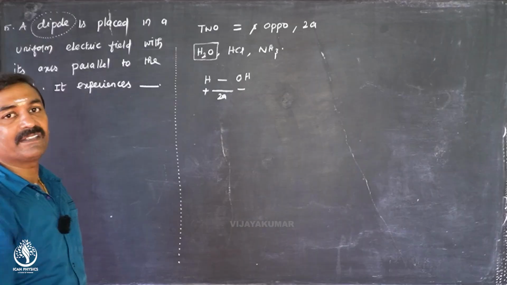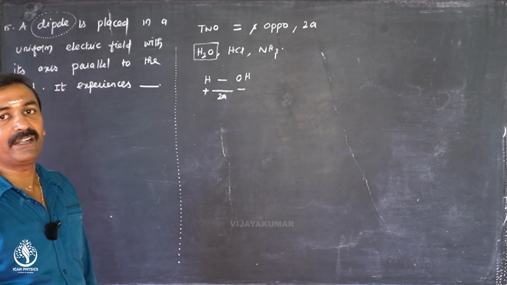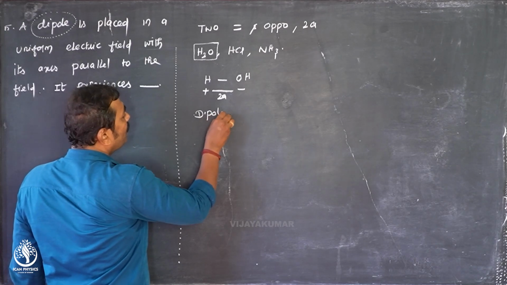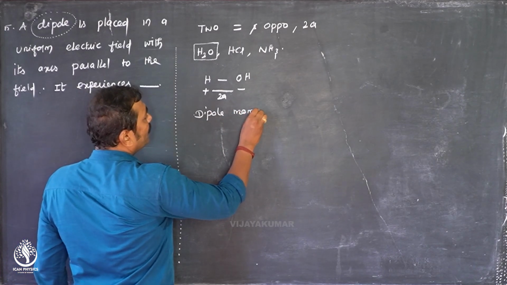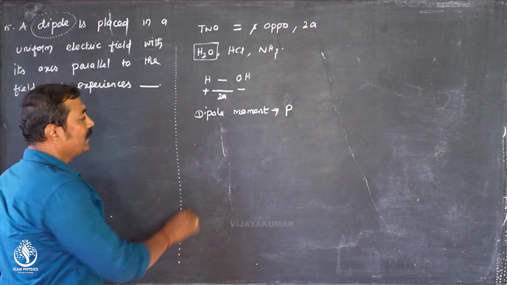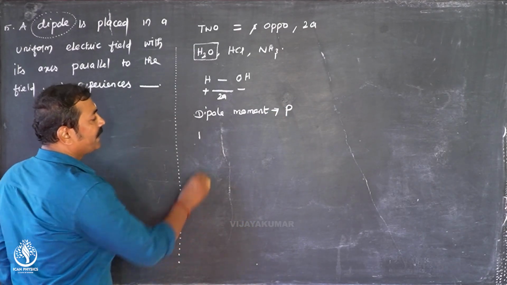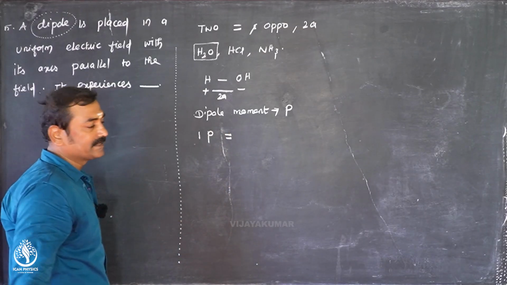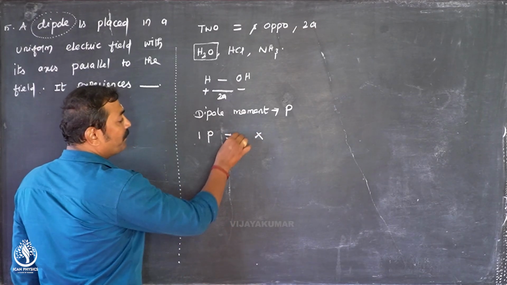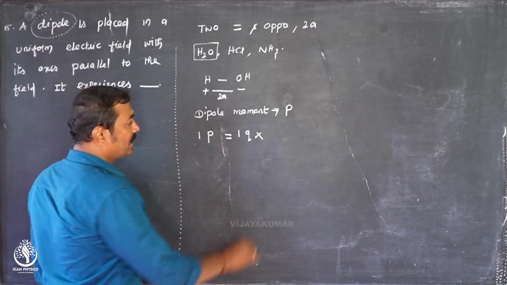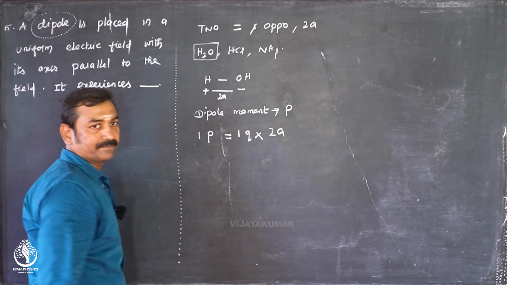So whenever we are dealing with the dipole, automatically we can go for dipole moment. The dipole moment is denoted by P. The magnitude of electric dipole moment is defined as the product of the magnitude of any one of the charges and the distance between them.